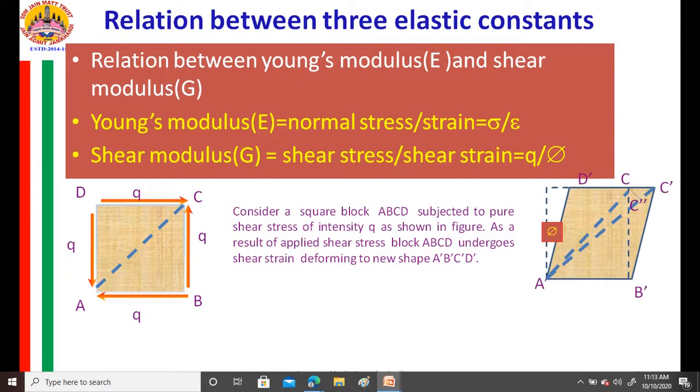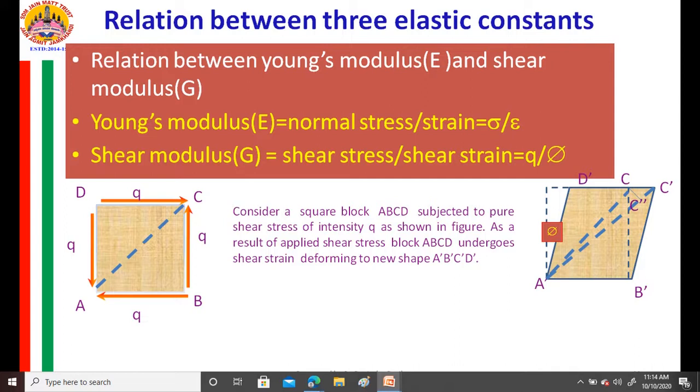DC will go to the new position D dash C dash. As a result of this, the diagonal AC is experiencing tension and diagonal DB is experiencing compression.